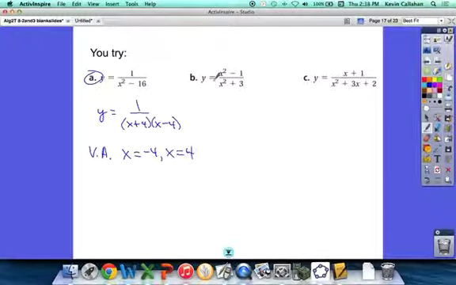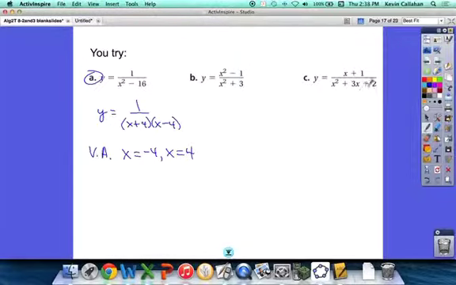What would you say about the second one? X squared plus 3 is never going to equal 0, right? Because x squared is positive, so it's not going to have any zeros.